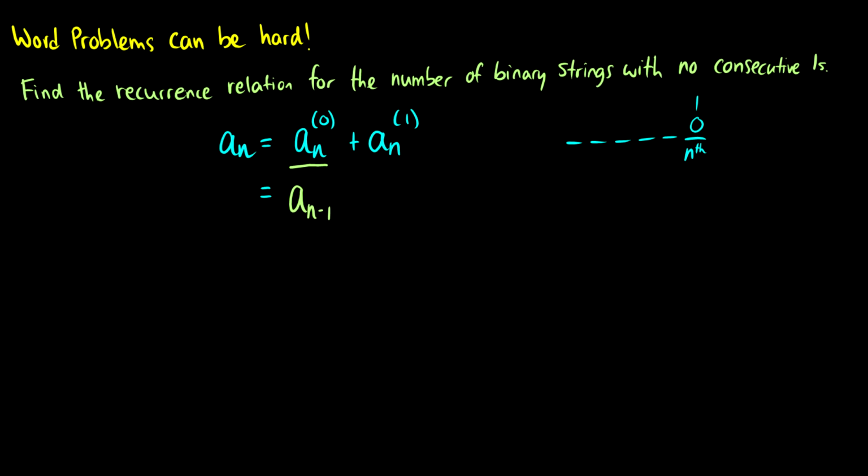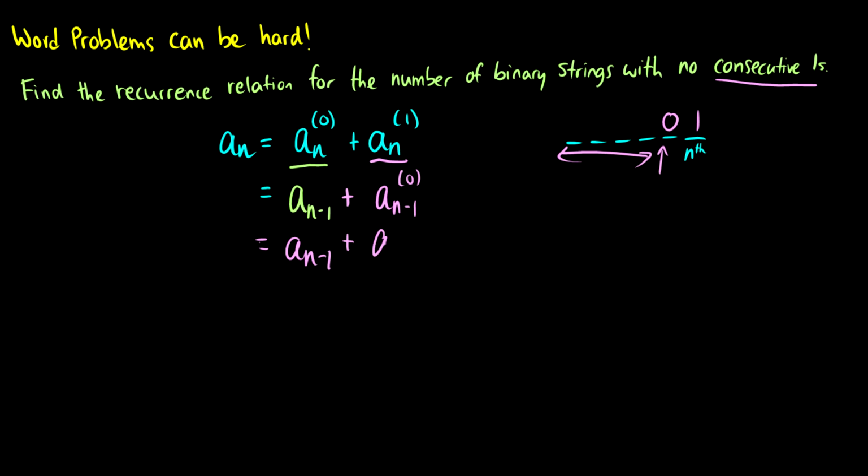However, if the last digit is a 1, then we can write the rest in a_{n-1} ways, but the (n-1)th digit, so let's say this is 1, because we can't have any consecutive 1s, this number right here has to be a 0. So it can only be the fact that a_{n-1} has to end with a 0. Okay, which means that a_{n-1} plus, well, if a_{n-1} ends with a 0, then the rest of the sequence a_{n-2} can be anything they want.